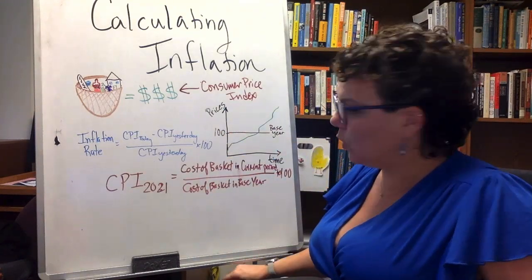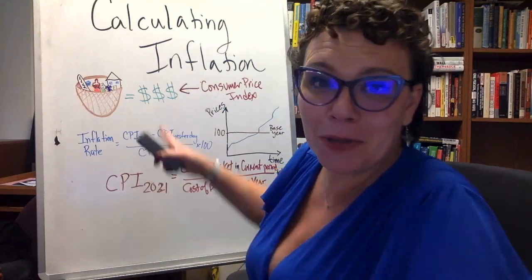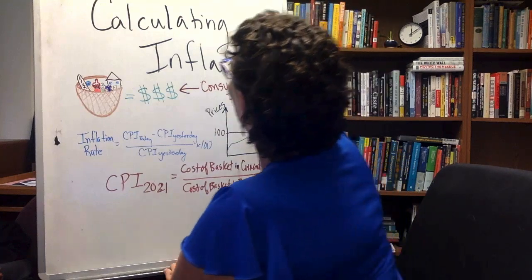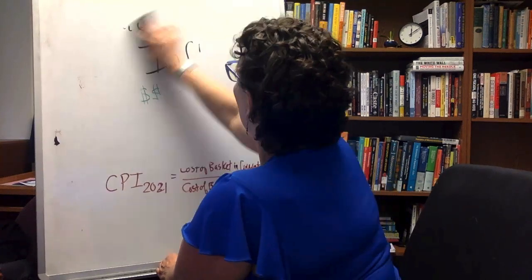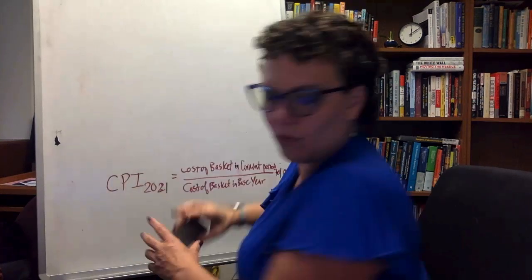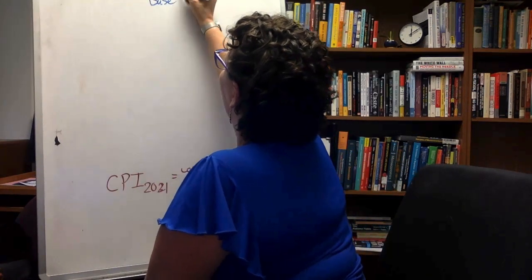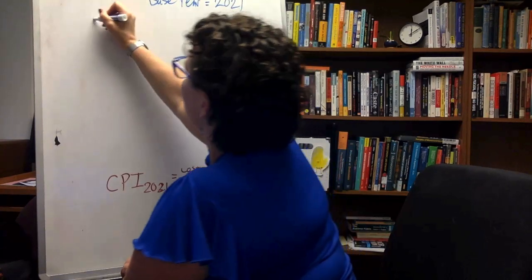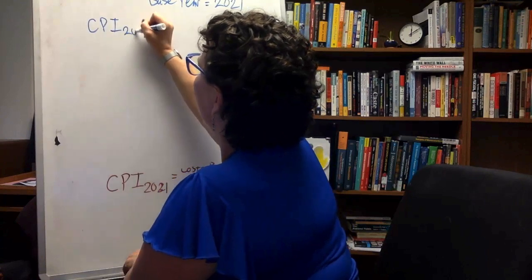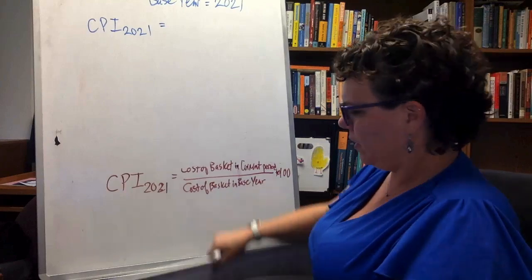So if we go back, I'm going to go ahead and erase my beautiful basket here now. I want to calculate inflation, and I want to know what is the CPI for 2021. First of all, we have to pick a base year, and we're going to say our base year is 2021. Then to find the CPI in 2021, we need the cost of the basket in the current period.